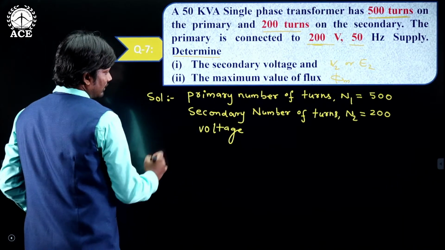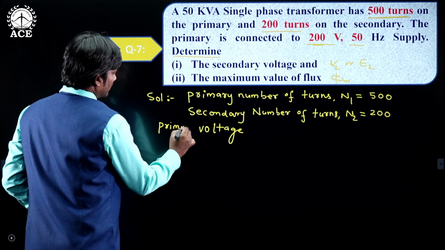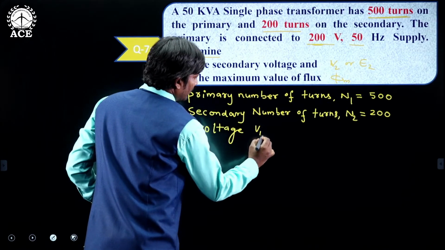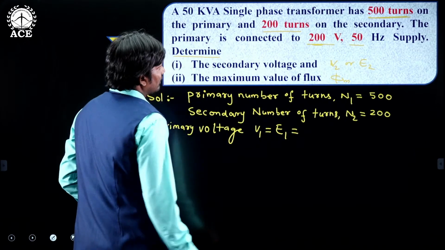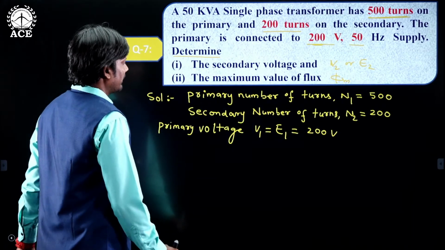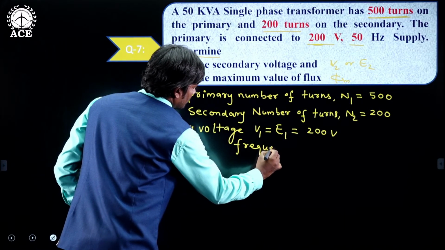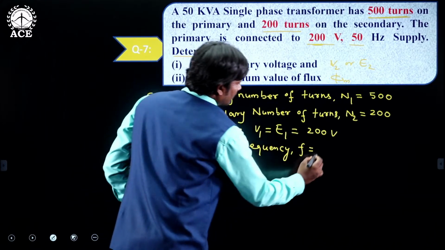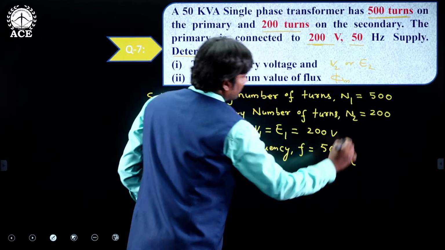Primary voltage V1, or we can say E1, is 200 volts, and the frequency F is 50 hertz.